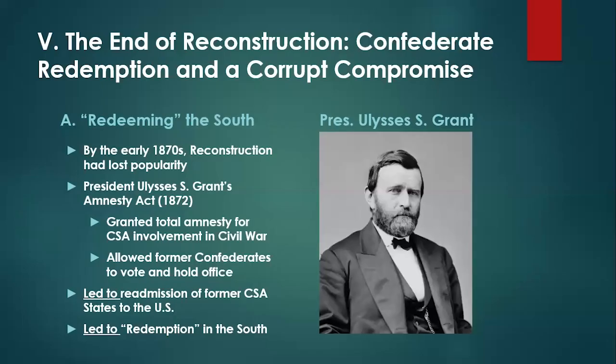And by the 1870s, there were others who were just losing interest in it, okay? Even people who had once been firmly behind the process of reconstructing the South in the way that Congress and others wanted to see it happen, began saying, let's just find a way to bring this process to a close. There's multiple reasons for that.